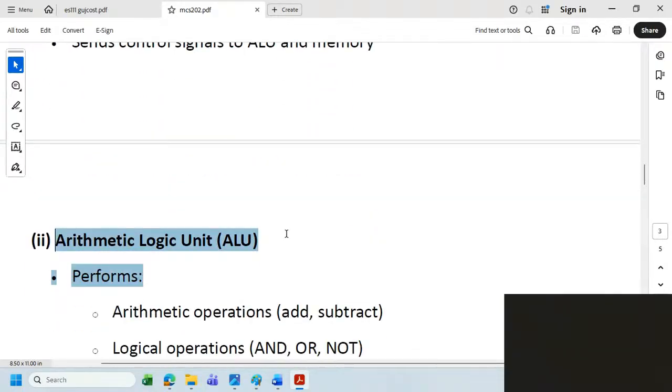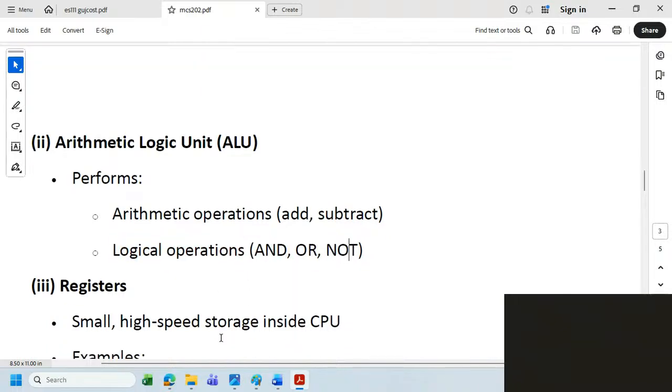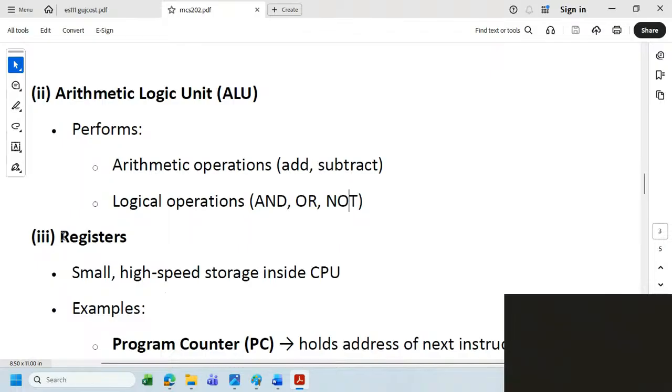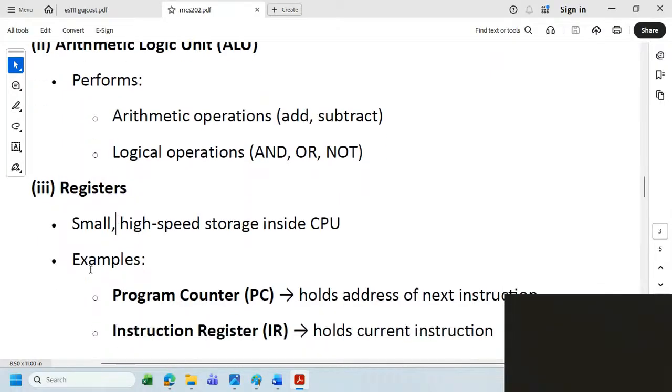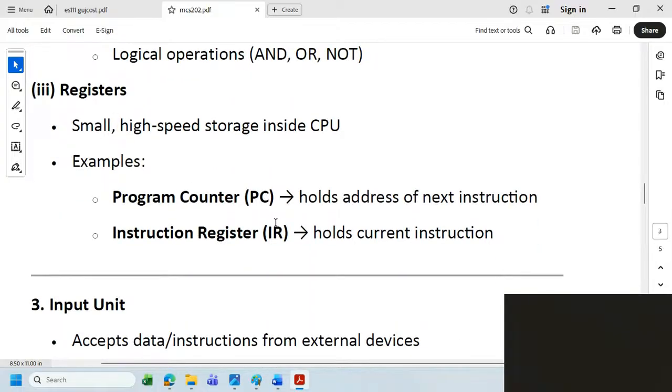The second, ALU, arithmetic logic unit, performs arithmetic operations such as addition and subtraction, and logical operations such as AND or NOT.